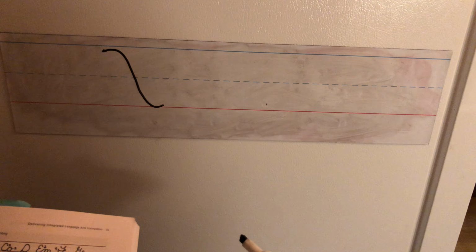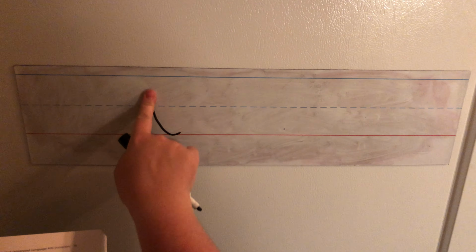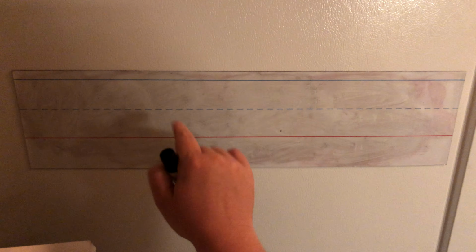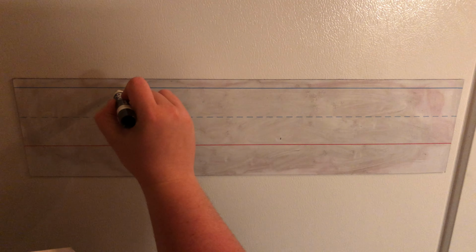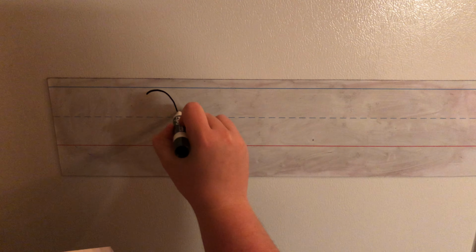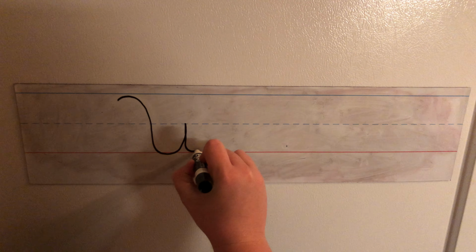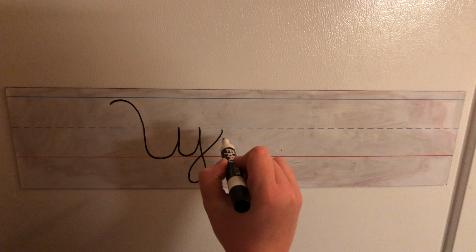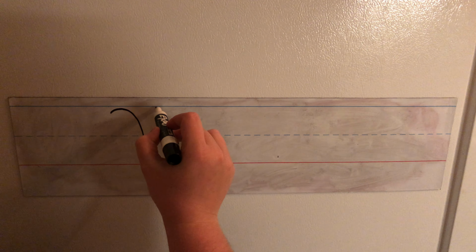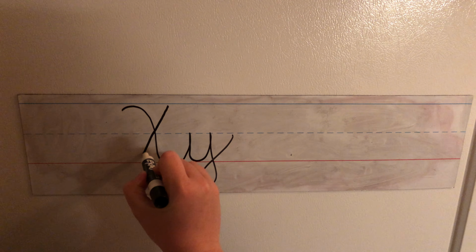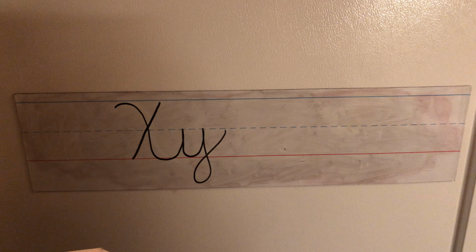Xylophone. Okay, I'll do that. I'm going to show you how to connect it to a Y. So I start at the 10, I go down, I'm going to draw my Y, lift my pencil, then I'm going to go back up here to the 2 on the clock, and slant down to finish my X.